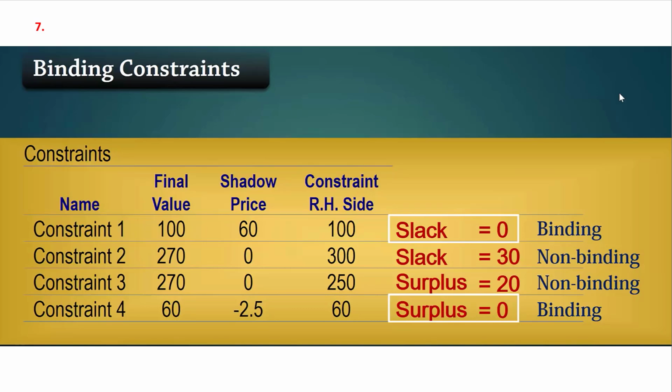The binding constraints are those whose slack or surplus equals 0. So constraint 1 is binding, and constraint 4 is also binding, and constraints 2 and 3 are non-binding.